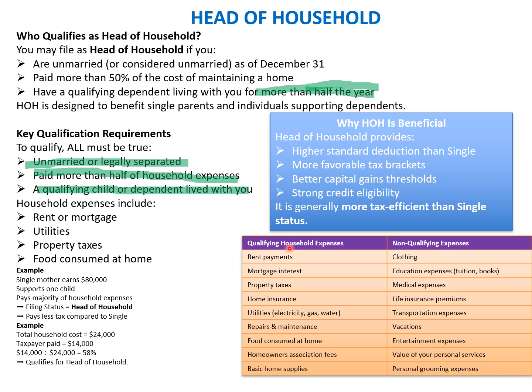So a person who is single but has a dependent to support, and that dependent stays with the individual for more than 6 months in that year, and the individual is spending more than 50% of the total income on maintenance of the home and household expenses, can file the return as HOH rather than single to get the better tax advantage. Then we'll move to the next slide and look at the similar table that we looked at for the other three categories.